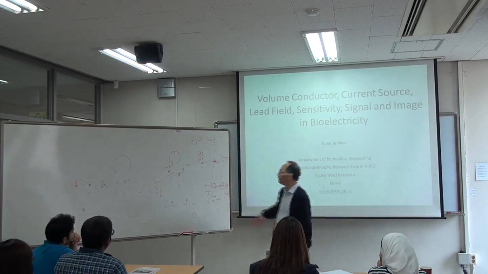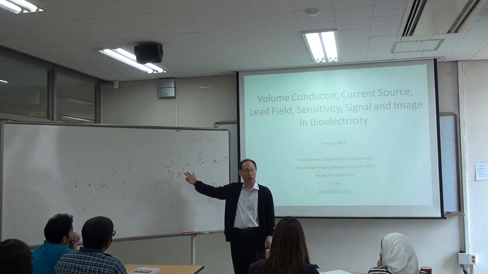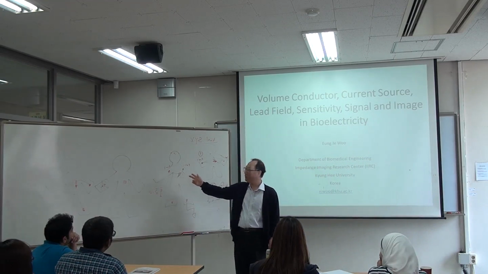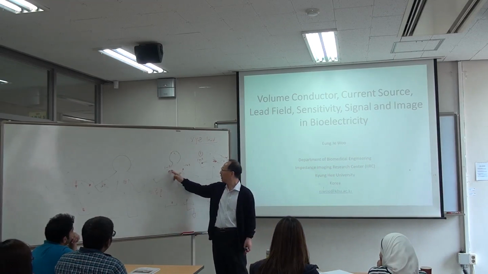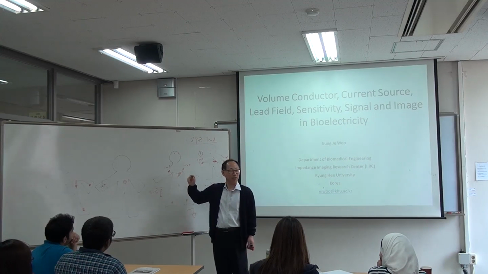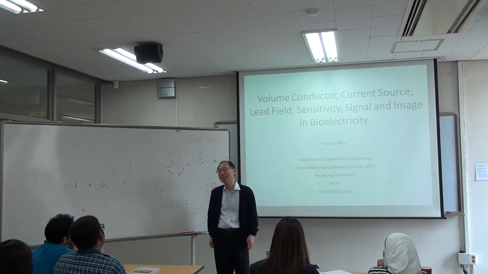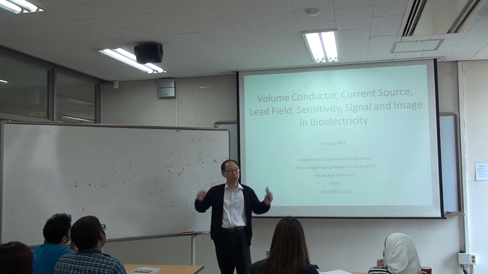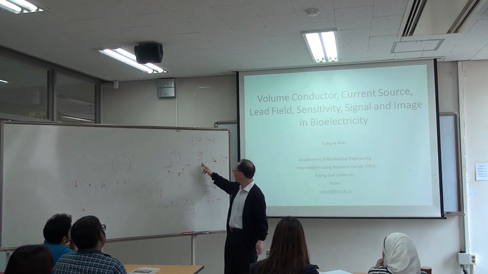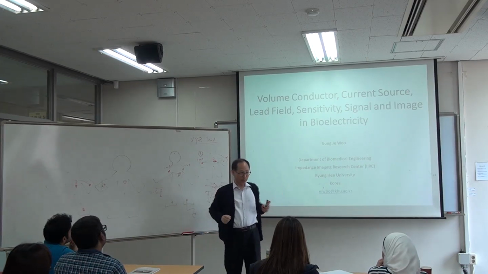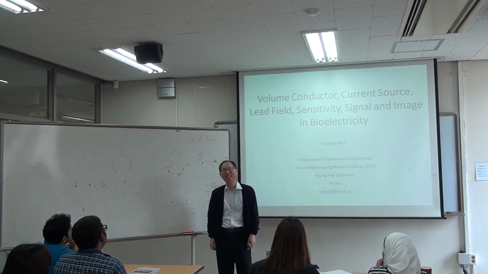But this one has a little more advantage. What is that advantage? People attach electrodes here and here, or sometimes here and here, when they measure ECG from a person who is walking. If the patient moves a lot, usually he moves the arm. It's very difficult to move this part.